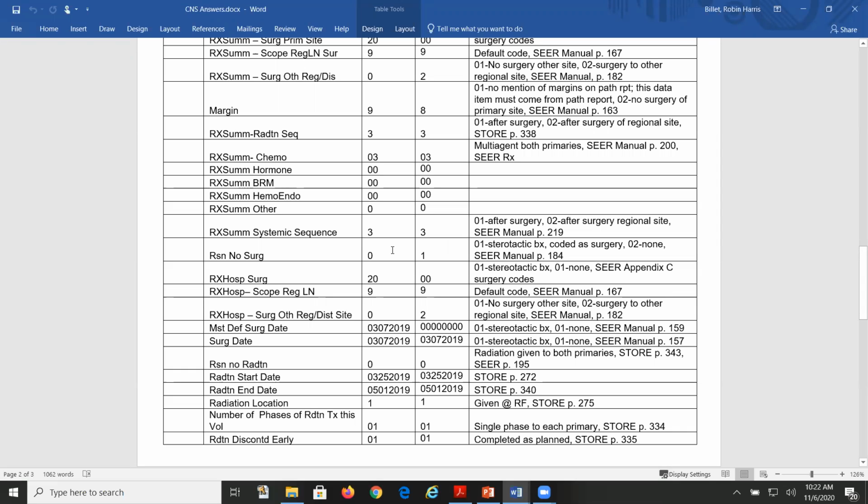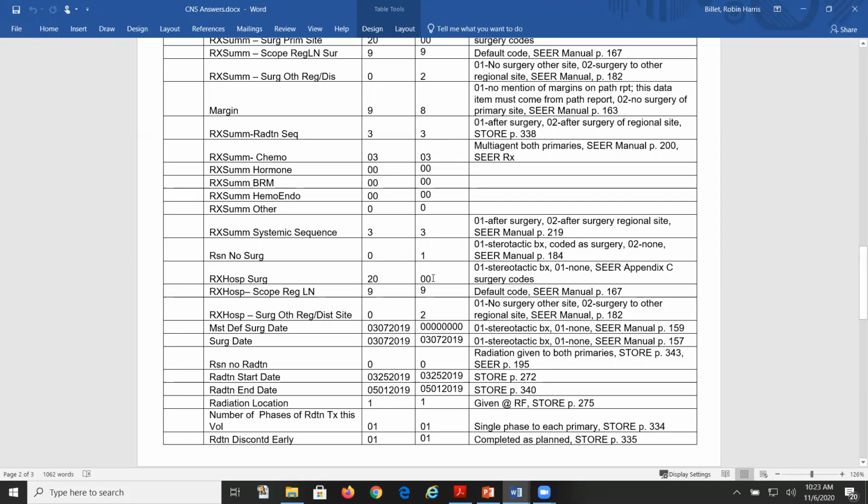The reason no surgery is 0 for sequence 1 is because we had the stereotactic biopsy to the primary site, and 1, no surgery, for sequence 2. This data item is for surgery to primary site only. So that is why we code these two differently.